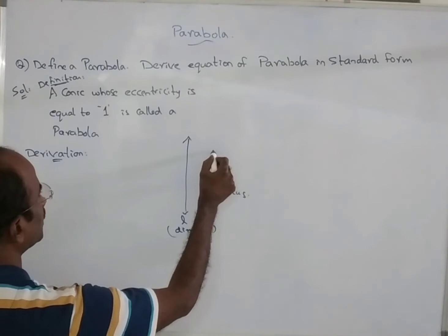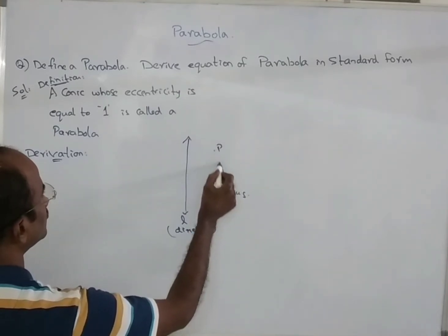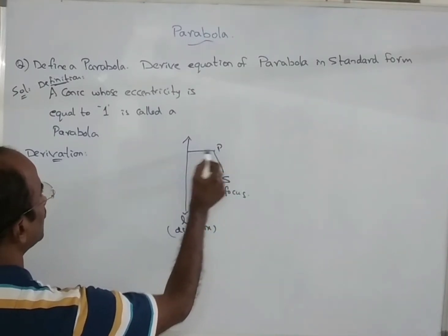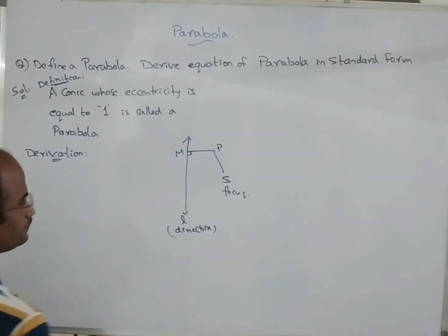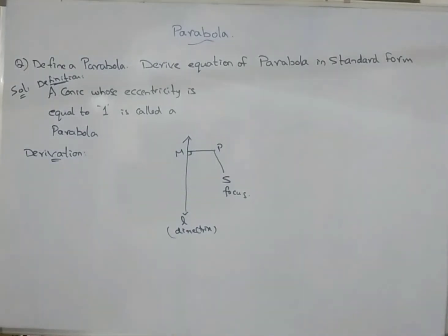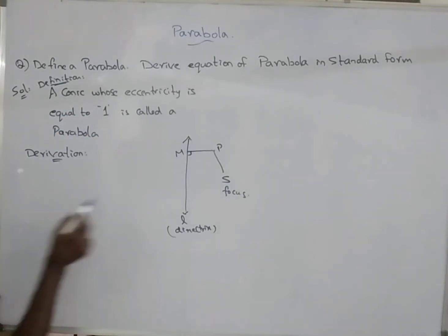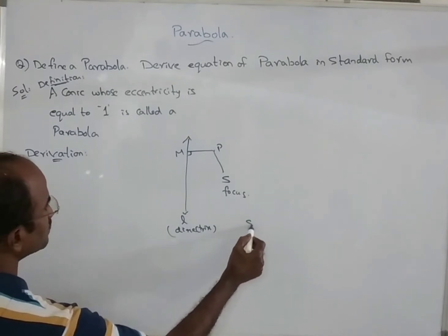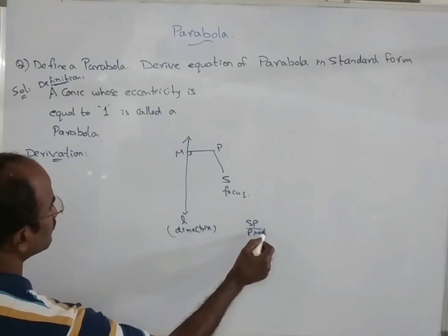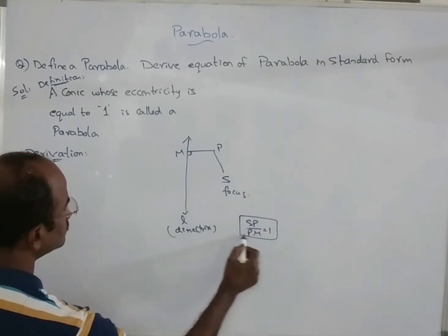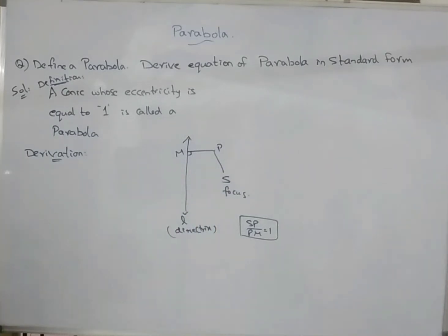Now, let us take a point P, SP, and here PM. Now, just now I told you, a conic whose eccentricity is equal to 1 is called a parabola. Means what? Here clearly SP by PM must be equal to 1. SP by PM, that eccentricity must be equal to 1. Note down. Okay. Now, how to derive the equation of the parabola in standard form?